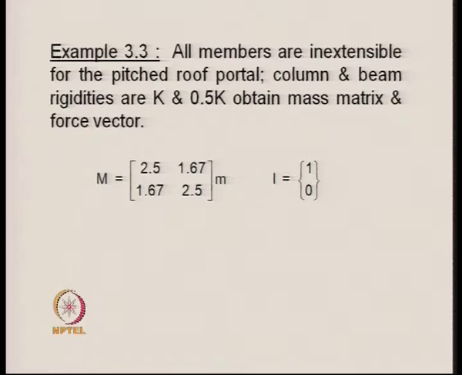For that, we take the example of a pitch roof portal frame, and the mass matrix is shown over here. The mass matrix here is a coupled mass matrix, that is, the off diagonal terms are not 0, they have some value, and the influence coefficient vector corresponding to that is 1 and 0.